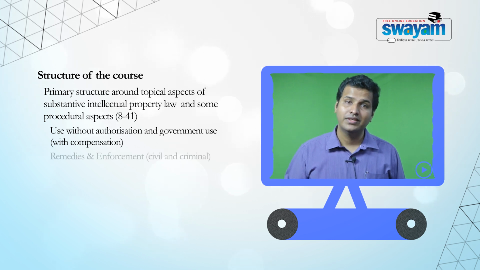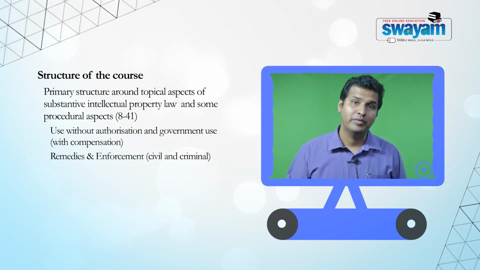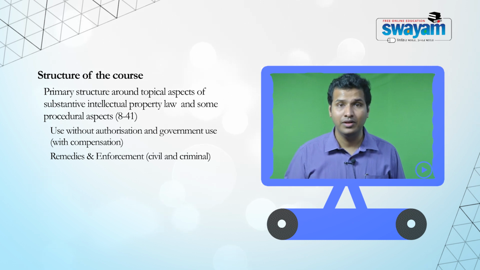Finally, we will discuss a bunch of modules involving remedies and enforcement, both civil and criminal, because in case of copyright and trademark law it involves additional criminal remedies. However, generally most intellectual property laws at the core, they have the injunction, accounts for profits and damages as part of civil law remedies. So, this is how we are going to evolve this course and discuss this course modules in the days to come.